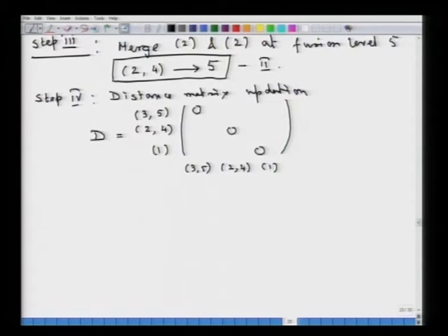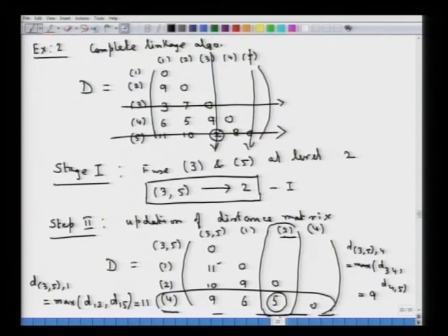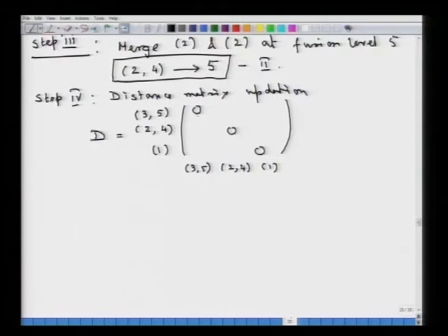Note that there are some entries from the previous distance matrix here, because the distance between 1 and 3 5, which is 11, will be carried forward from the previous distance matrix itself. However, the distance between 1 and 2 4, or 2 4 and 3 5, needs to be calculated. So, for the distance matrix updation, the distance between cluster 3 5 and cluster 2 4 needs to be computed.